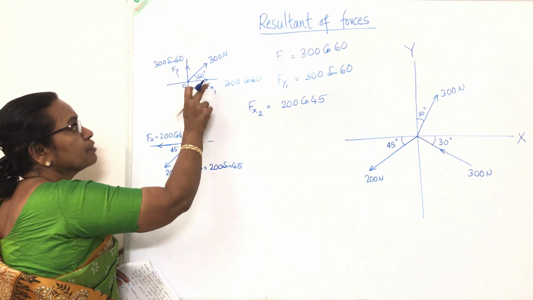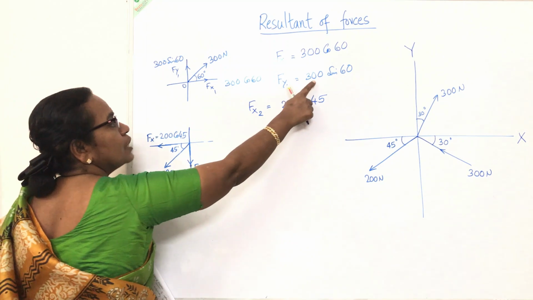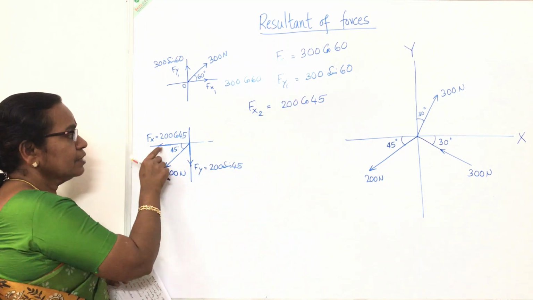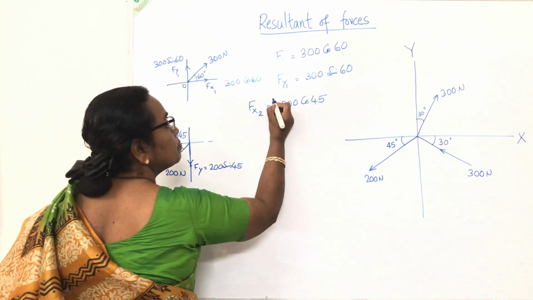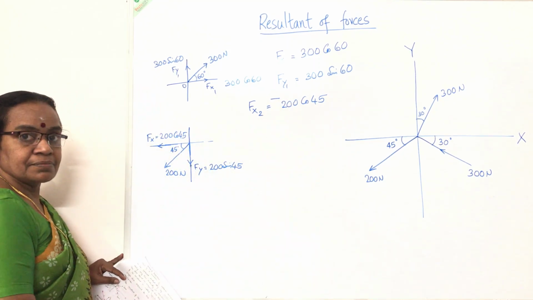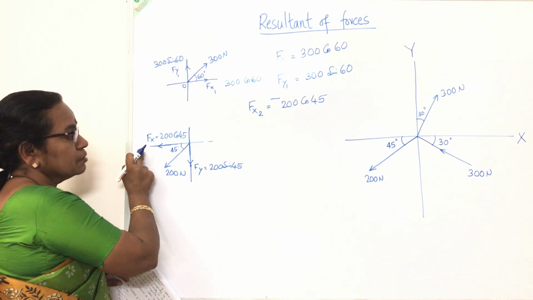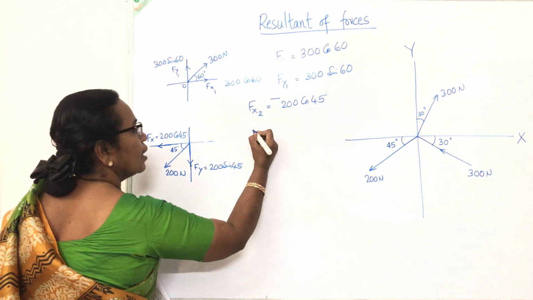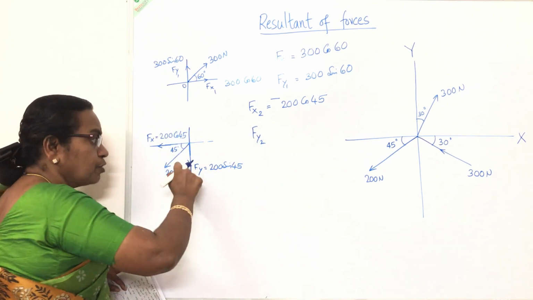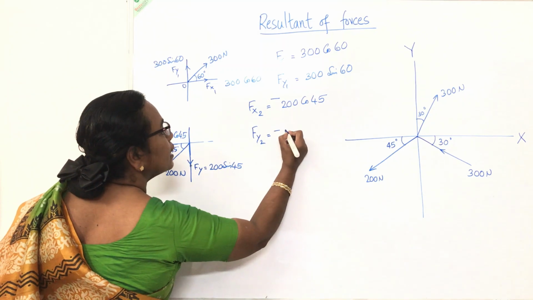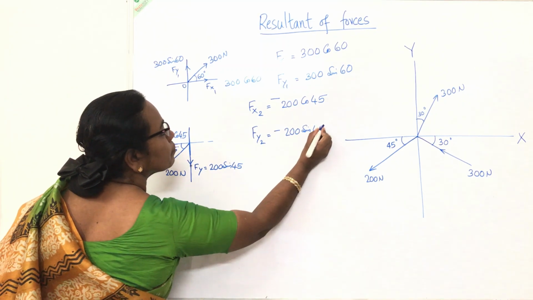So 200 cos 45 numerically. What about here? See, Fx1 is towards right, so it is positive. Fy1 is up, so that is also positive. Here Fx is towards left, so it is minus. The force component is towards left. Fy for the second, this component is also acting downward, so that is also minus 200 sin 45.